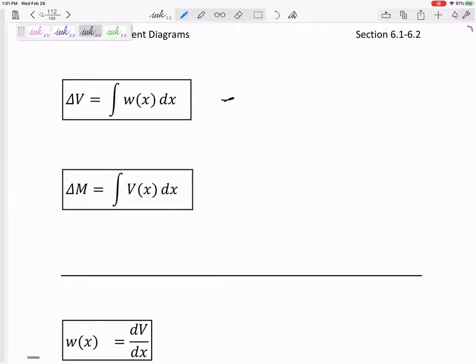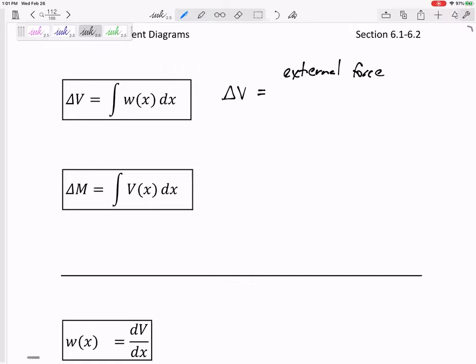So we know that there are two things that will change my shear diagram. An external force, right? If I just have a force drawn on my loading, it pushes my shear diagram up or down by the magnitude of that force.